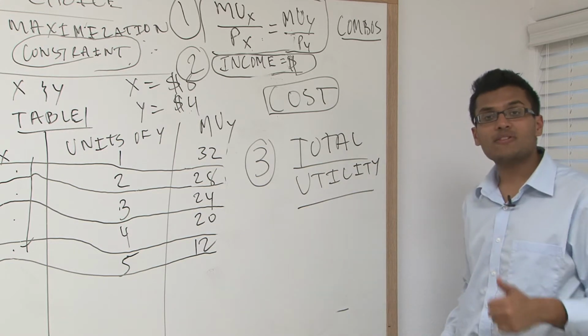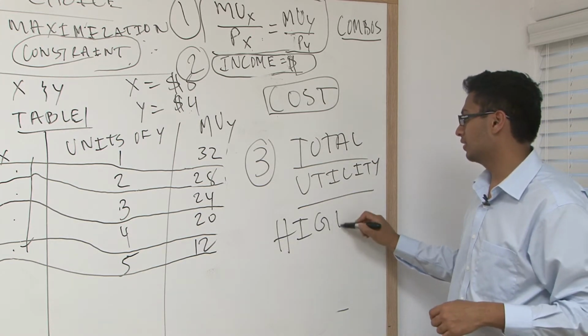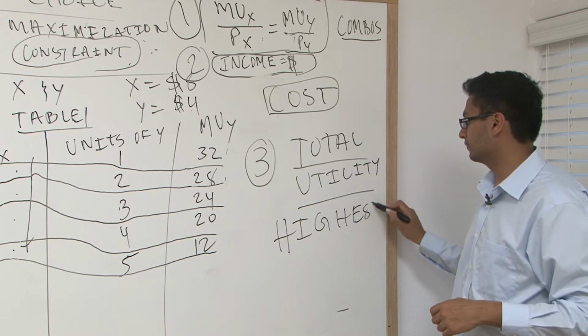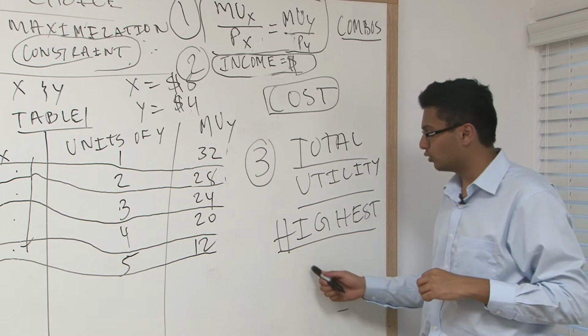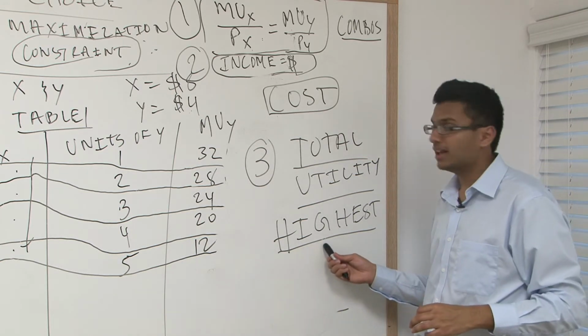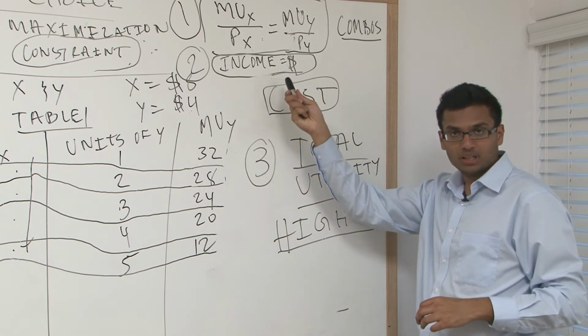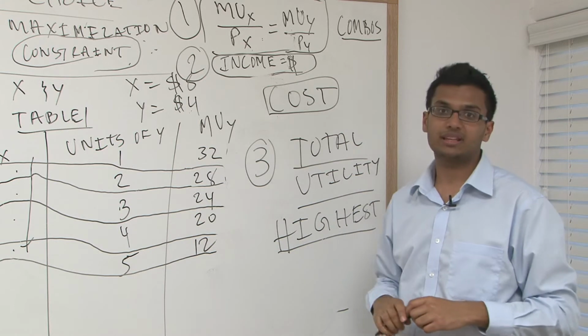Whichever one has the highest utility is the best combination. So that will be your answer. The combination with the highest utility that is within your income will be the utility maximization bundle that this person wants.